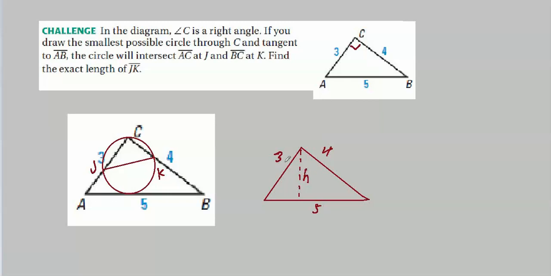So let's write H over 3. That's the ratio of the longer leg over the hypotenuse for this triangle, and it is going to be the same as the longer leg over the hypotenuse, which is 5, for the original triangle.